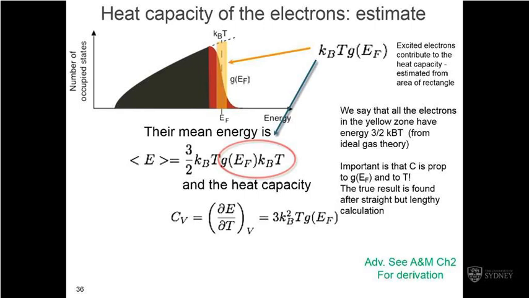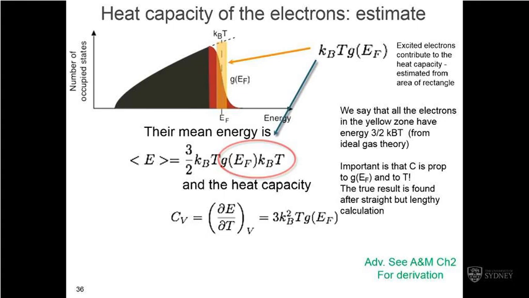So kBT times the density of states at the Fermi level gives us the number of electrons here, and every electron will be given an energy of 3/2 kBT. Once we've got the energy, the heat capacity is obtained by taking the derivative of the energy with respect to temperature at constant volume. So you can see here you've got two T's, T squared.